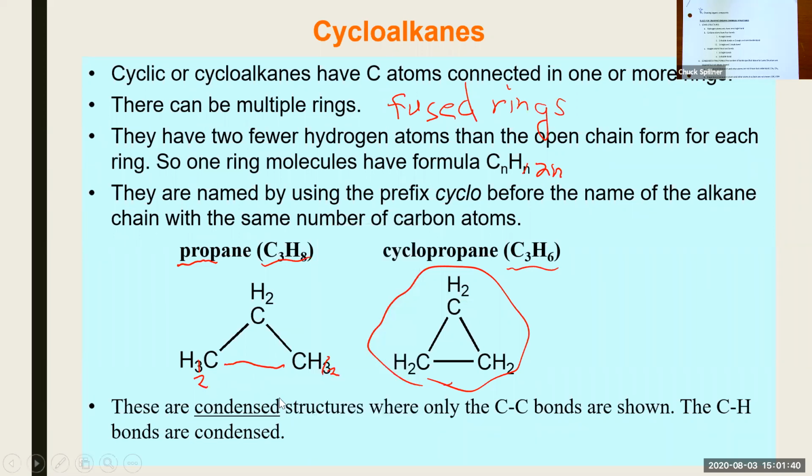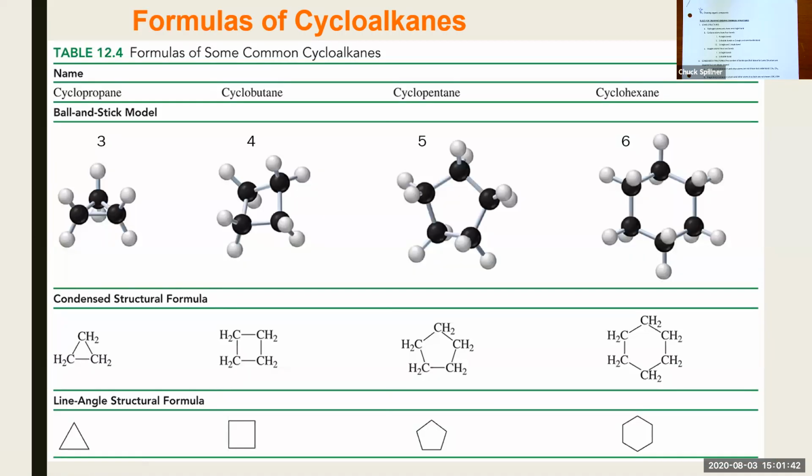Okay, there we go. So here are some other common cycloalkanes. The one we just looked at is here on the left with N, the number of carbons, N equals 3. And then N can equal 4. That's called cyclobutane, and then cyclopentane and cyclohexane. You don't have to remember the names.